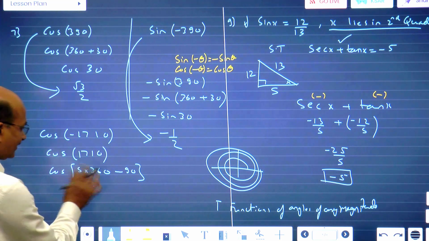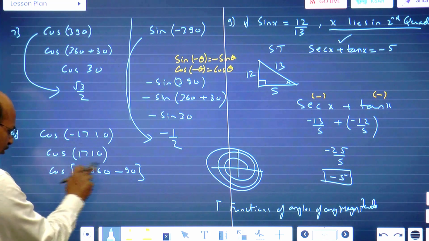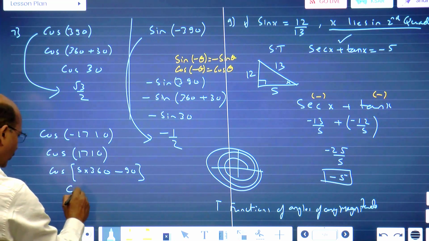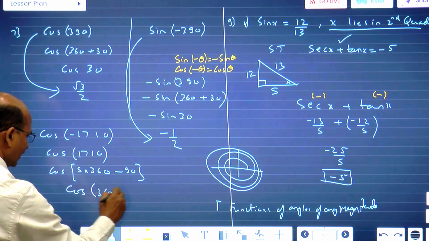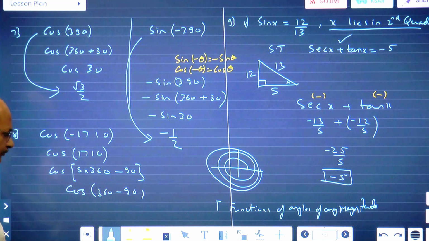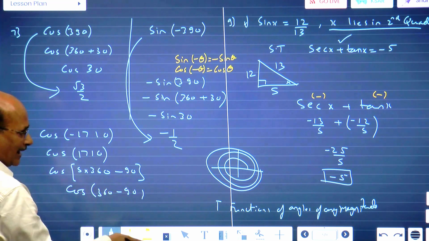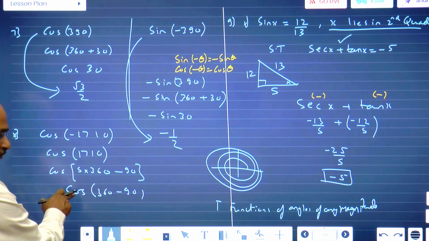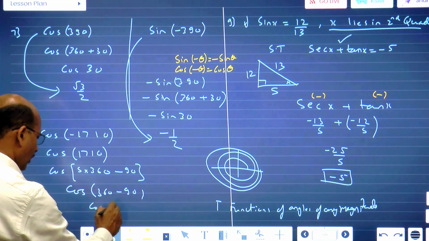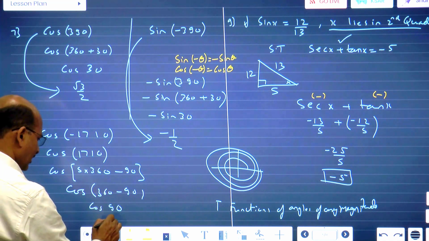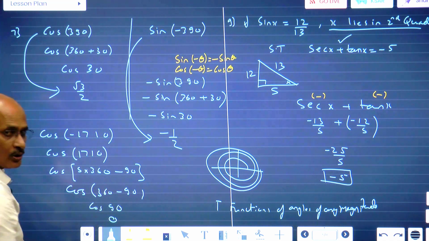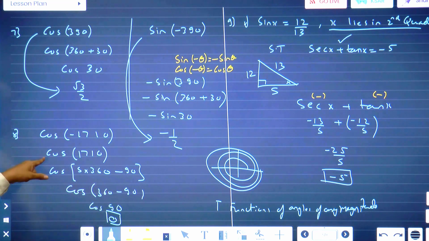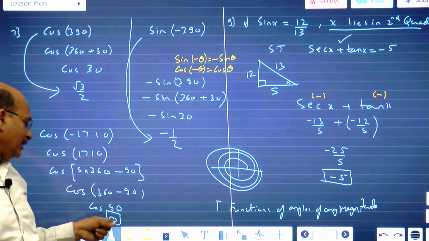The number of rotations doesn't matter. N into 360 doesn't matter. So you can write this quickly as cos of 360 minus 90. Now presuming this to be an acute angle, 360 minus theta is the fourth quadrant, where cos is positive. So this is nothing but cos 90. Now what is cos 90? 0. So this is my value. If you take your calculator and find cos of 1710, you will get the same answer.